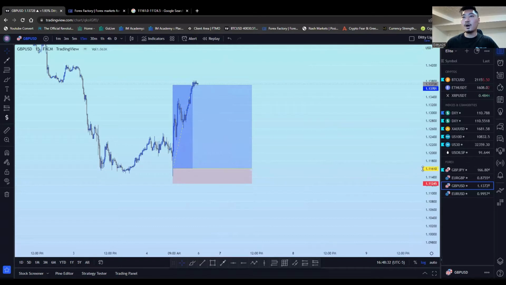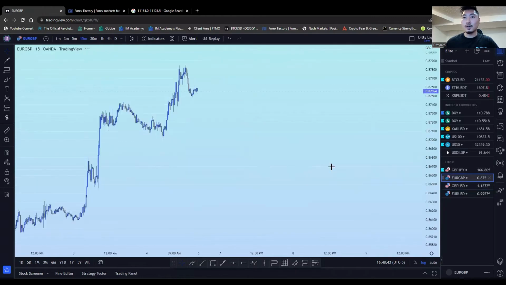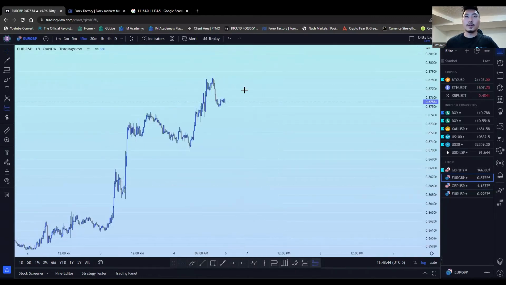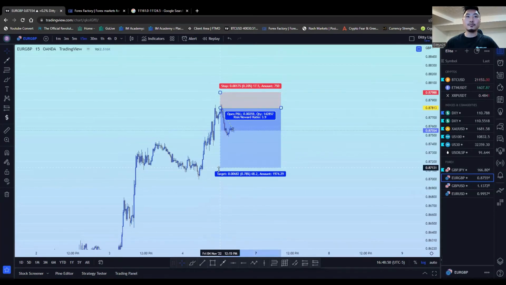And also we count at the fourth decimal for GBP USD and other pairs, like you can see here. I'm gonna take, for example, a short, and you can see here 17.5 is the pip count.